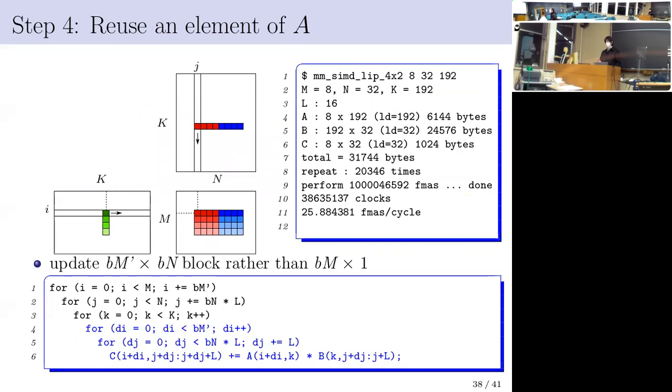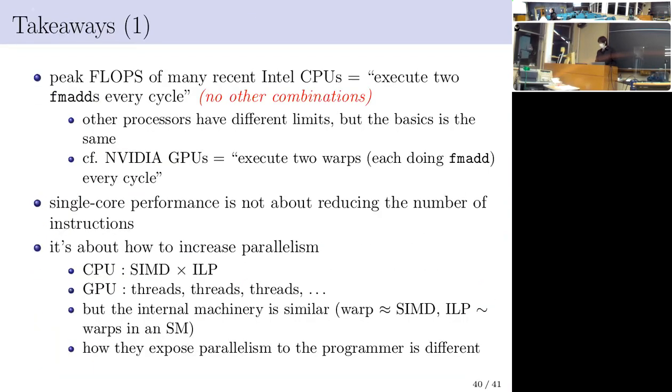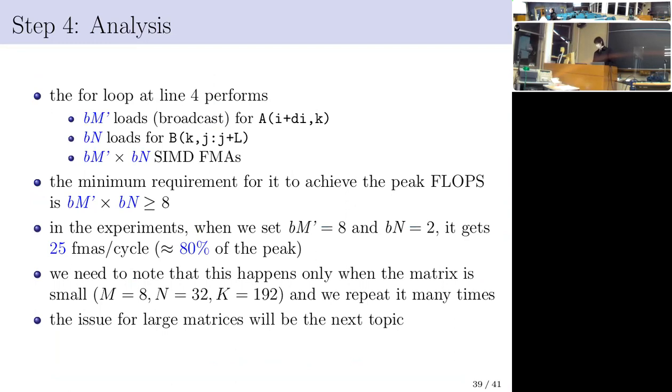This slide also talks about a better strategy that, at least in theory, should get very close to peak performance. I leave that to your exercise too. With that, you can get something like 80% of the peak performance, which is pretty good considering the simplicity of the code.